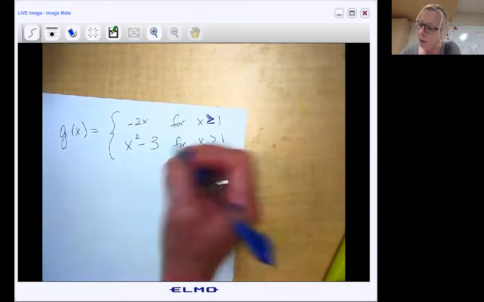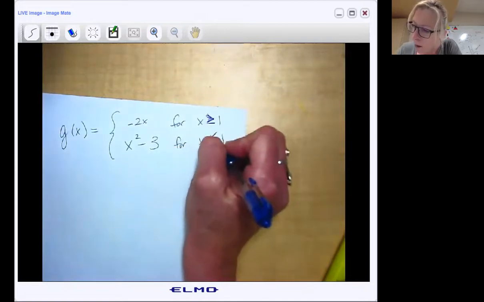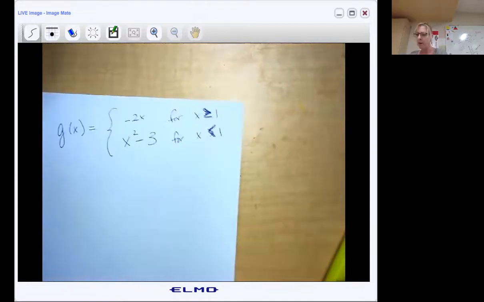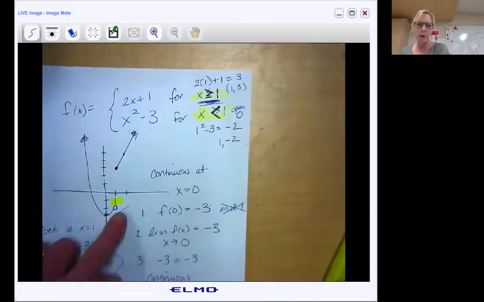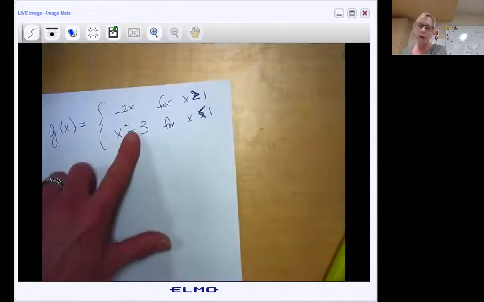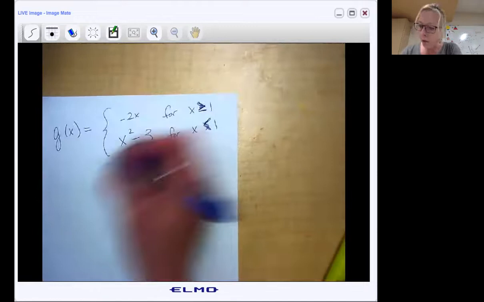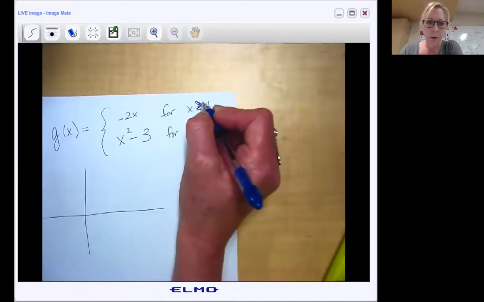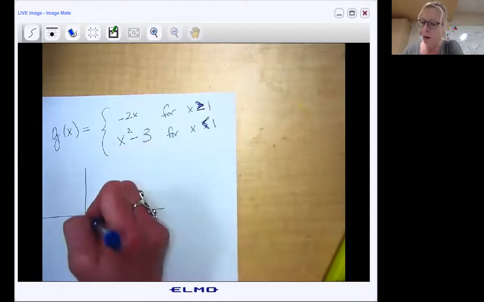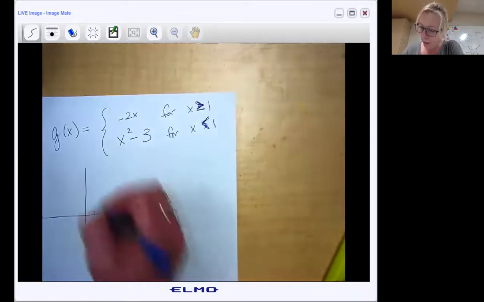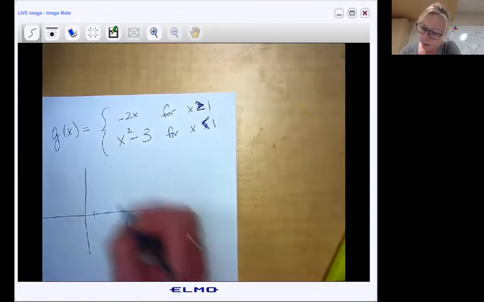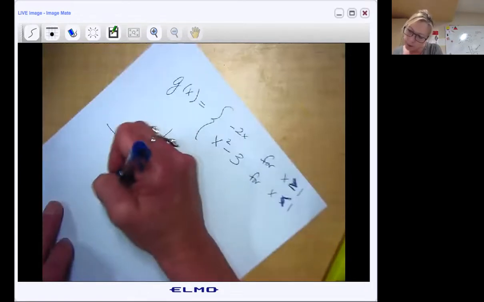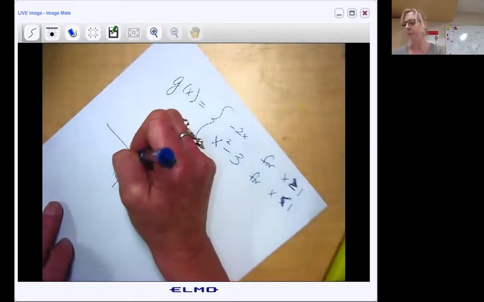And my x squared minus 3 is less than 1. So just as a hint, it's going to be this exact parabola, but the linear function is going to change. And the linear is only going to be from 1 and over. So this side will be linear. And from here over, this side will be your quadratic.